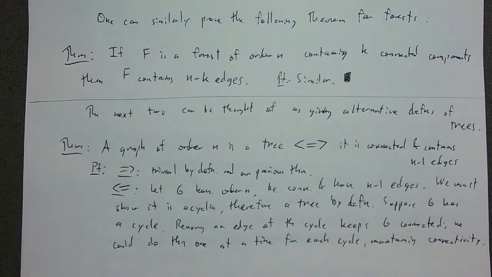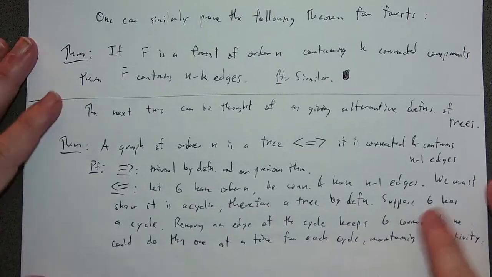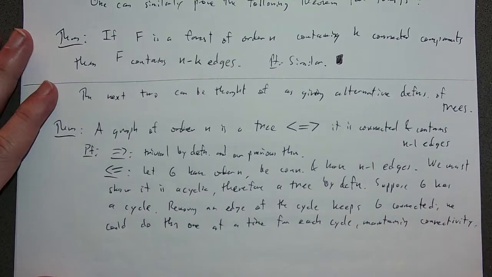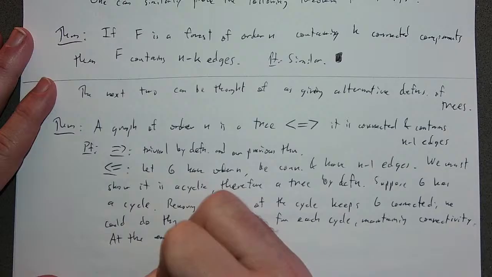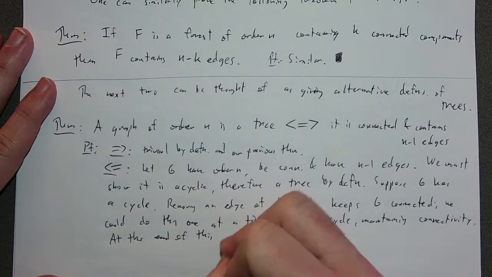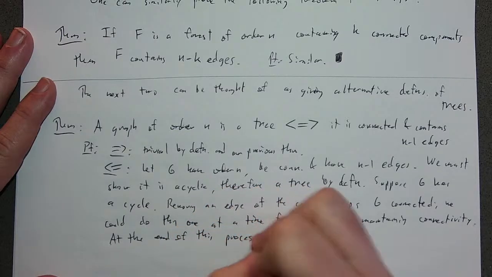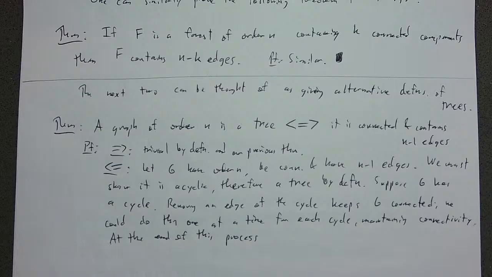But then at the end of that process, the graph that we end up with would be a tree. We also don't have to worry about whether this process terminates. We know it terminates because these are finite simple graphs, so this is necessarily a finite process.